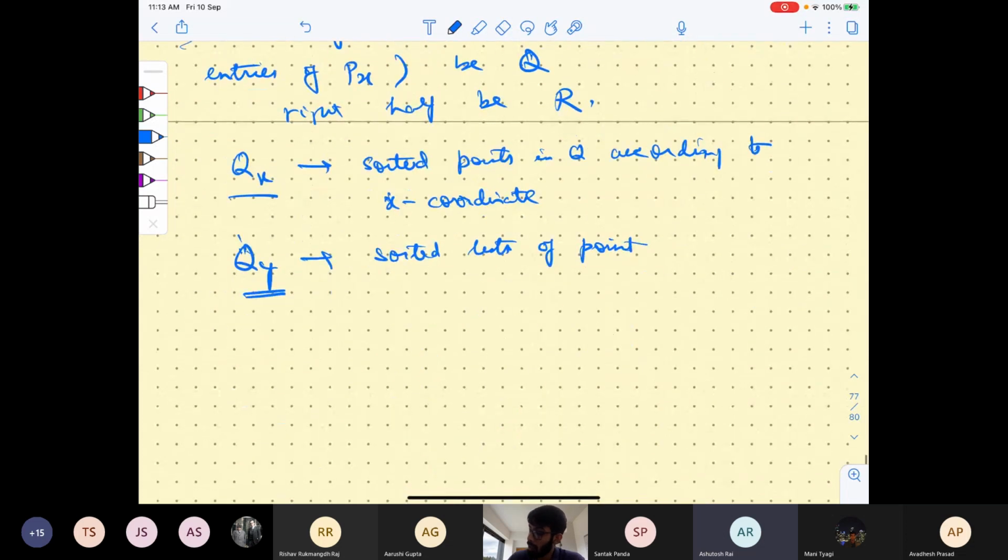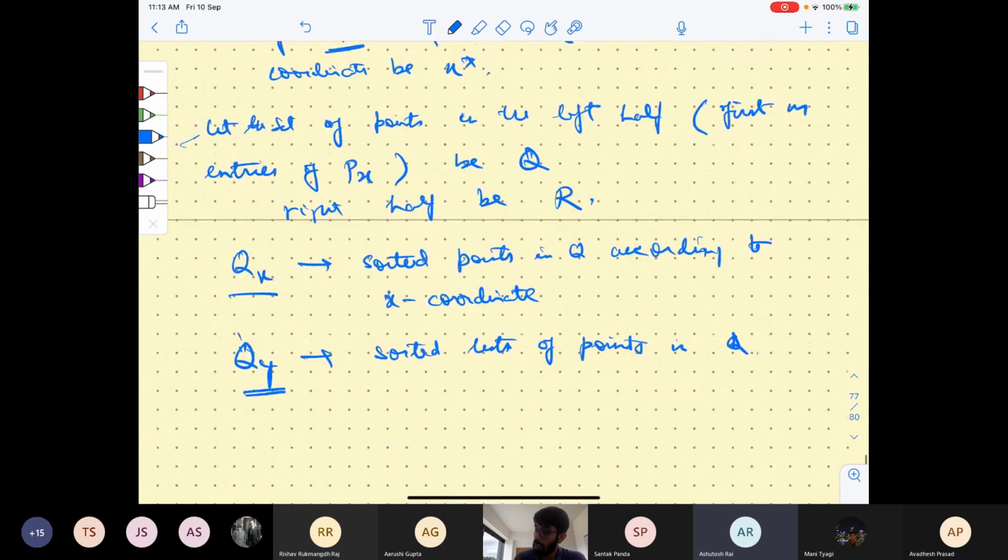Now you want to sort the points in Q according to their y coordinate. How will you do that? You are going through the y coordinates of points in Py. You don't know whether they are in Q or in R, whether you should put them in QY or not.